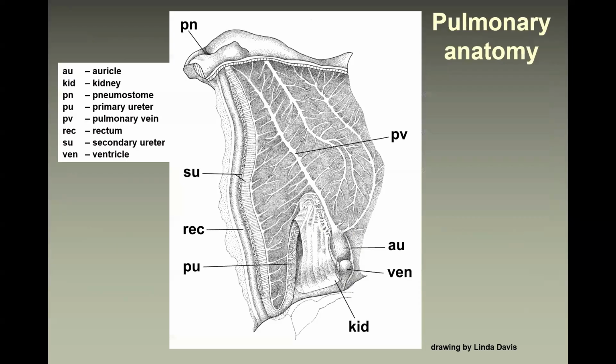So looking at the pulmonary anatomy, this is one of the lovely drawings that Linda Davis has done. Here we have the heart with the auricle and ventricle. This is the kidney. From the kidney, the primary ureter runs out to the posterior of the pulmonary cavity, running forward as a secondary ureter here.